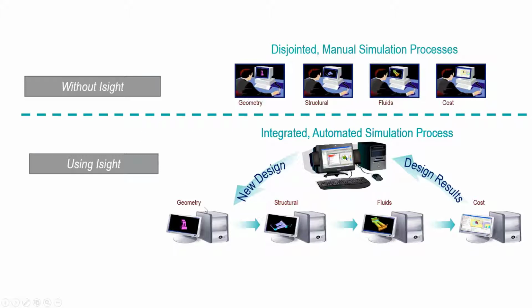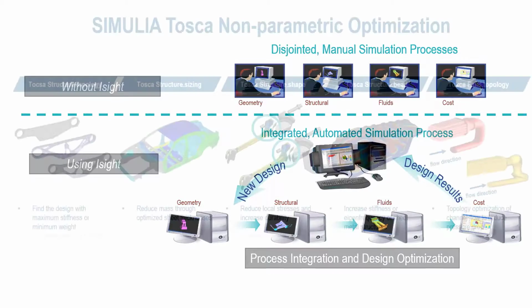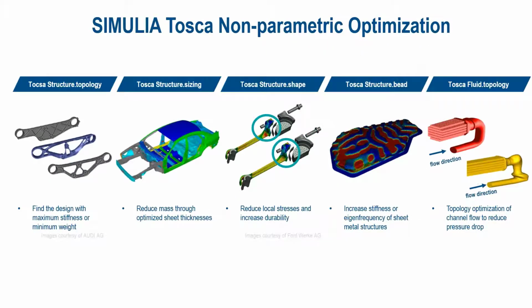With Eyesight, we could integrate and simplify this process to allow for many more iterations in the same time frame and reduce the risk of human error or mistakes, which is usually a big risk when there is a manual process in transferring information here.